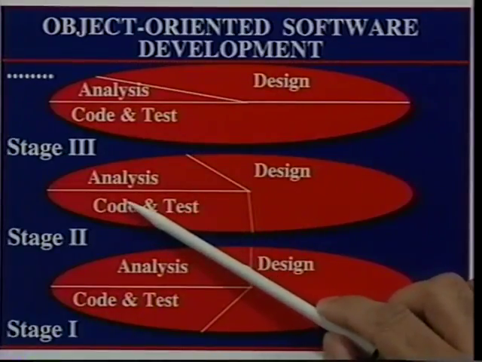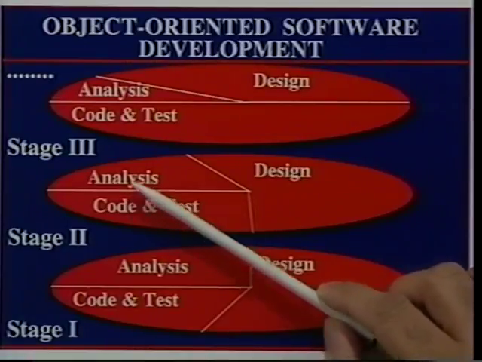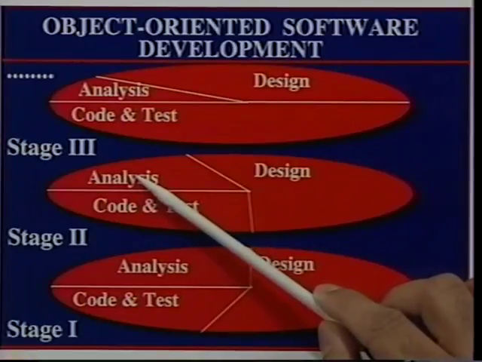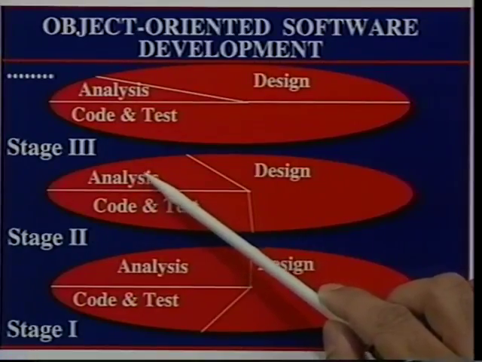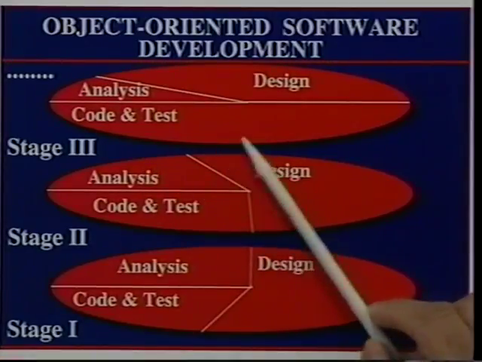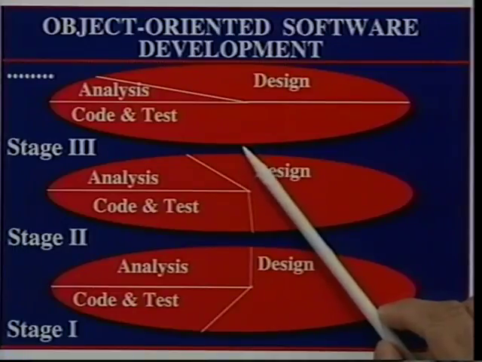For example, in stage 2, we increase the time we spend on code and test, and we decrease the time we spend on analysis. But keep in mind, the analysis doesn't go away. It's always there because requirements keep coming in all the time. We also keep spending a lot of time on design.